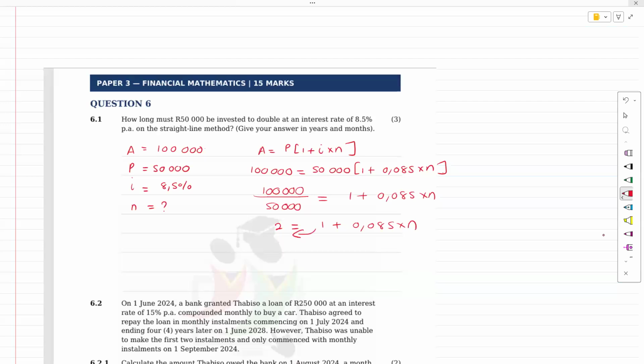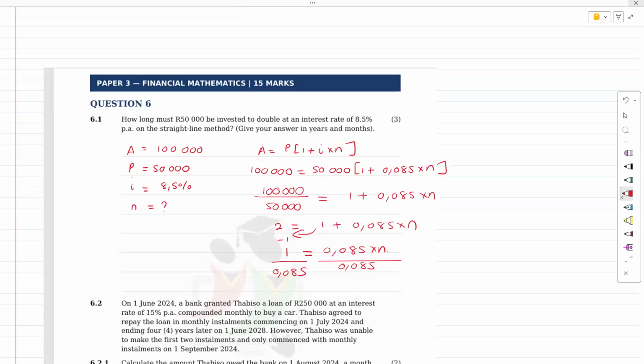Then we take plus 1 over, it's minus 1, so that becomes 1 equals 0,085 times N. And we just divide by this and we should be good. 1 divided by 0.085 is 11.